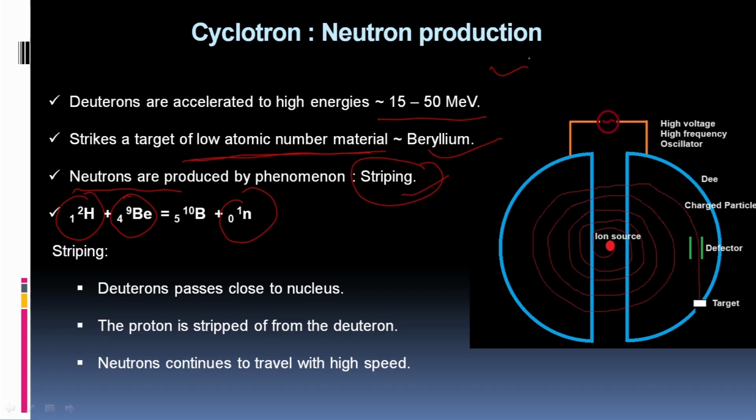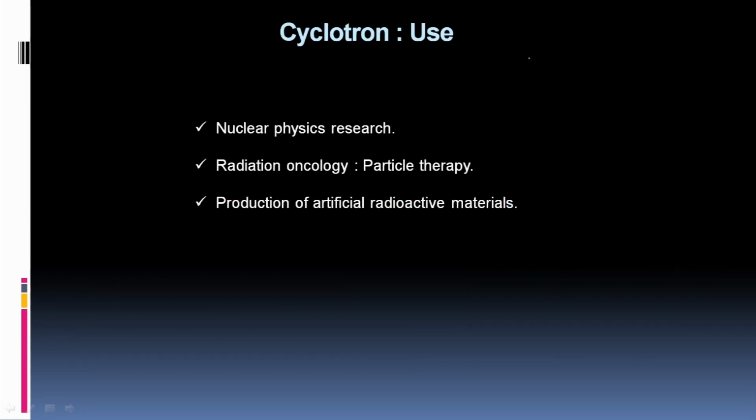So with a cyclotron we can accelerate heavy, positively charged particles, or we can get neutrons from it. We have already mentioned that cyclotrons are used in nuclear physics research. They are widely used throughout the globe, and in radiation oncology we use particle therapy, for neutron therapy, proton therapy, or any other heavy positively charged particle therapy.